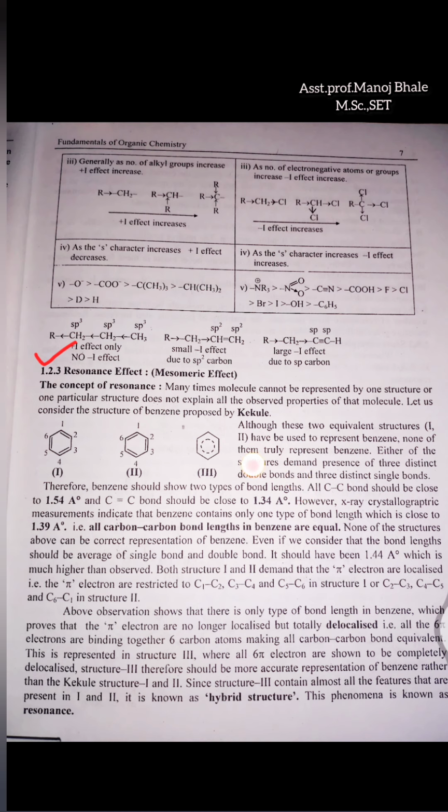Because all bond lengths are equal, whether double bond or single bond, this structure is known as the hybrid structure, and this phenomenon is known as resonance. That means the resonance structure can be better explained with all these three examples. Okay, let me share here.